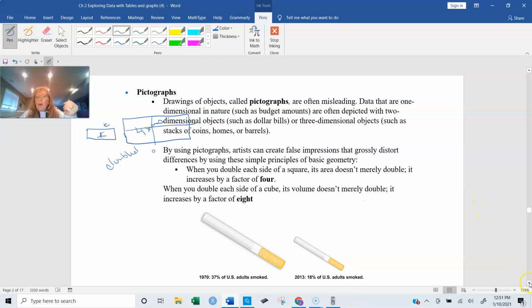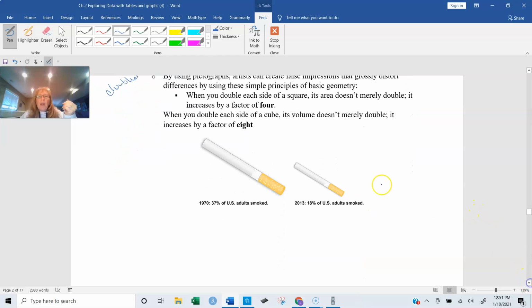Again, look at your pictures of your smokers. I doubled this guy, so this guy is now double this, and the length is doubled. This is 2 times, but I can fit 4 of these into here. So this is actually 4 times the size. It is lying to you.